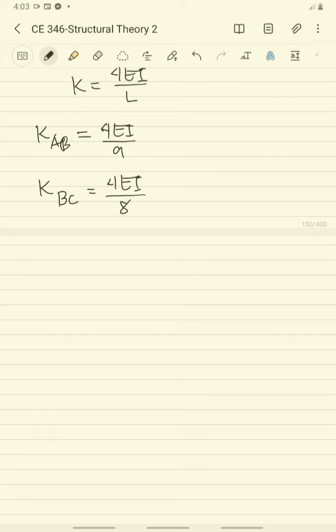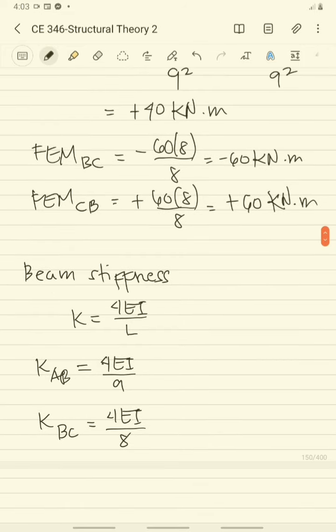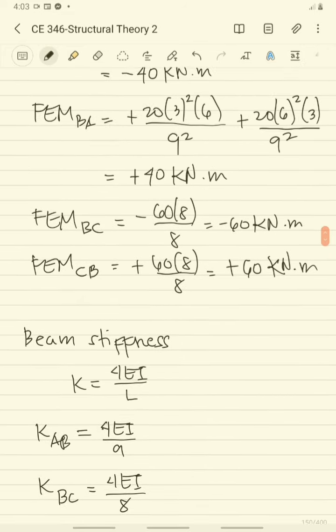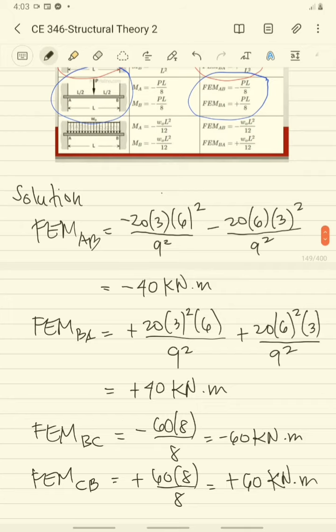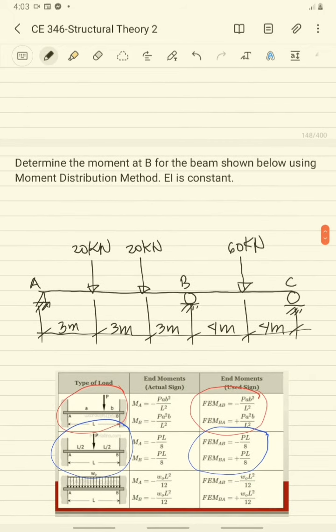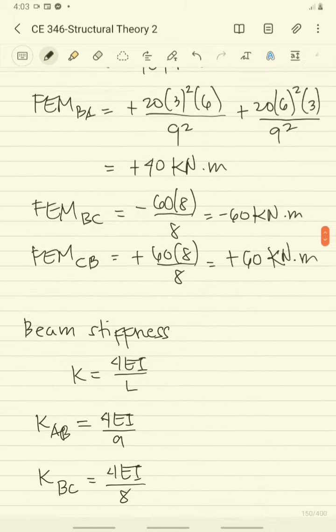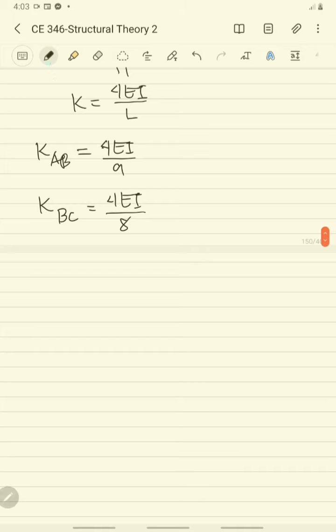For the hinge support and the roller support, the distribution factor is equal to 1. For the fixed end, there's no distribution factor. For our beam, the supports are hinge and roller.